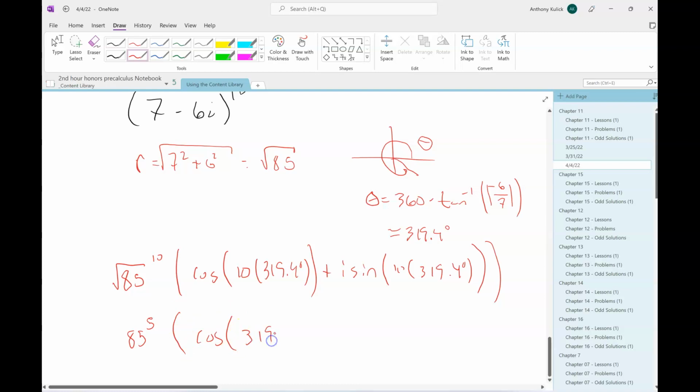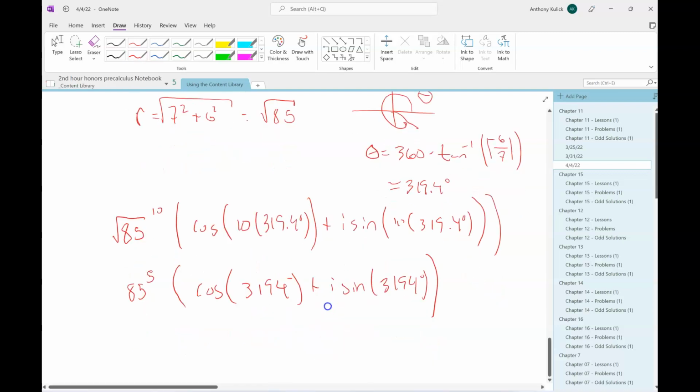And then 3,194, and if you want, you can coterminal that down to something between 0 and 360. And you could do 85 to the 5th on your calculator if you wanted, depending on what the directions are asking for. You know what I mean?